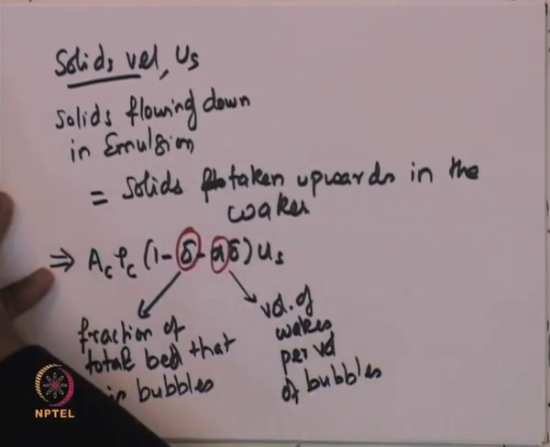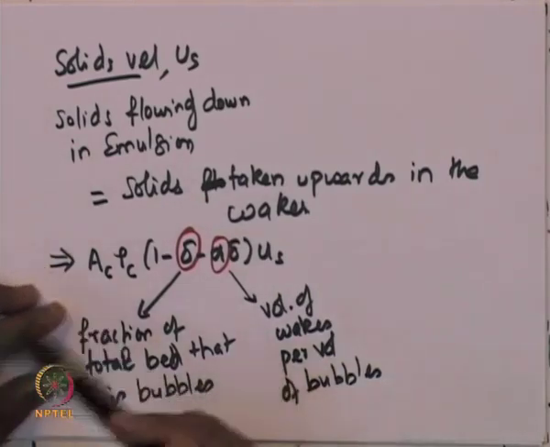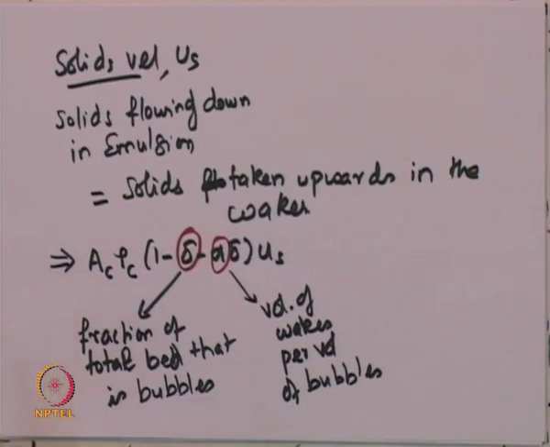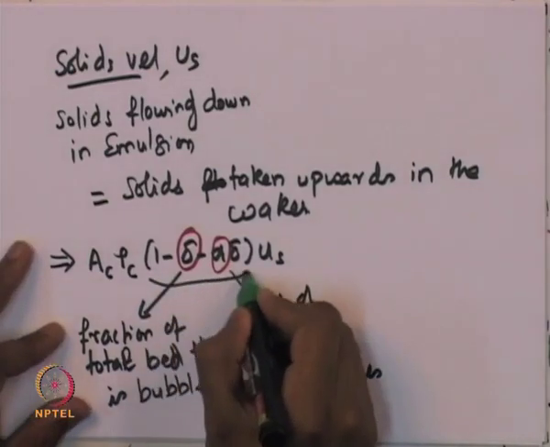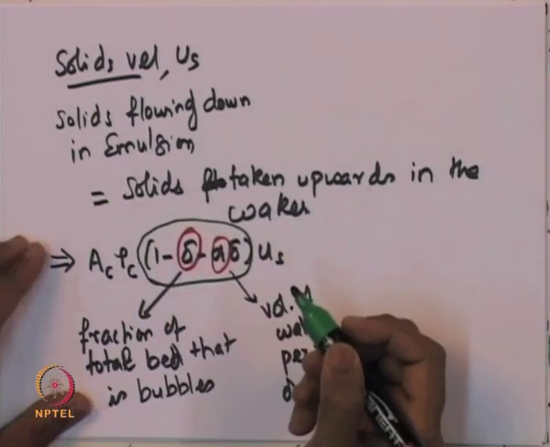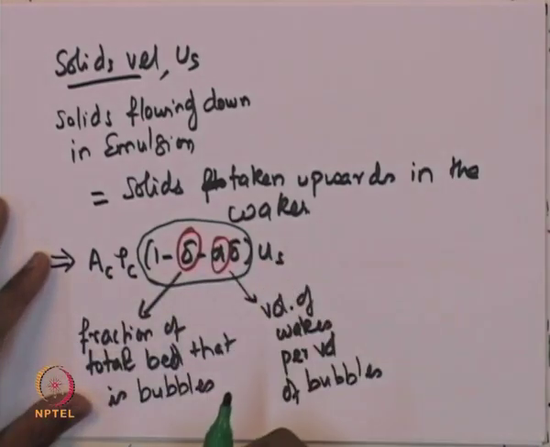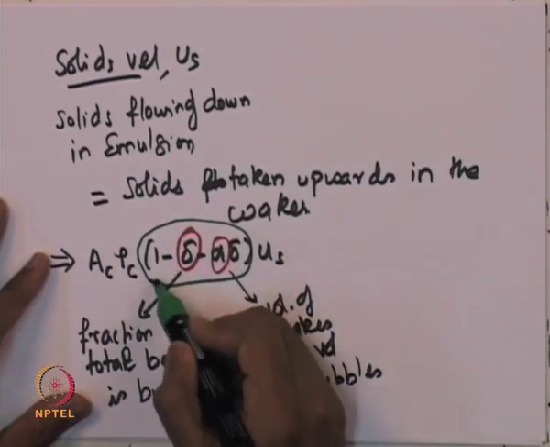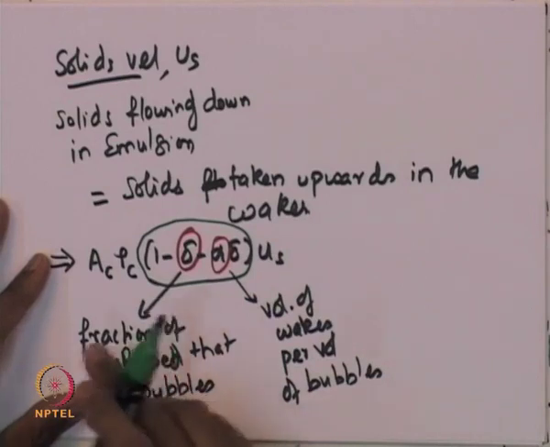So, therefore, this quantity, 1 minus delta minus alpha delta, estimates what fraction of the cross sectional area is actually filled with solids, and is given by 1 minus delta minus alpha into delta.